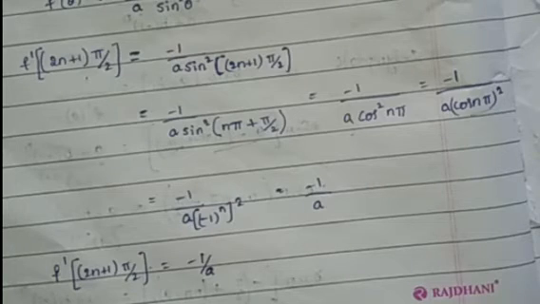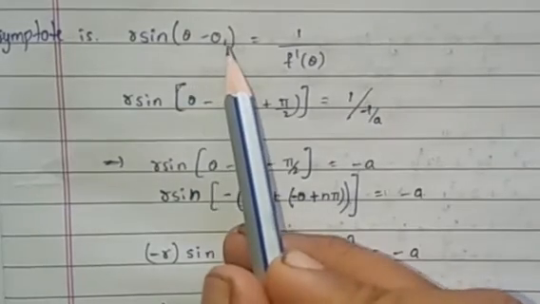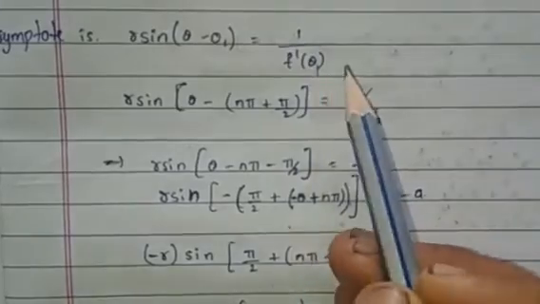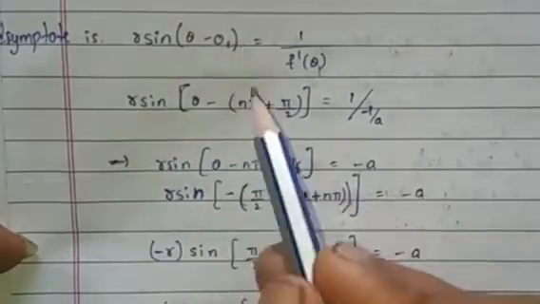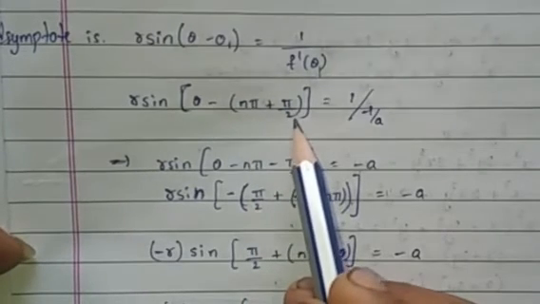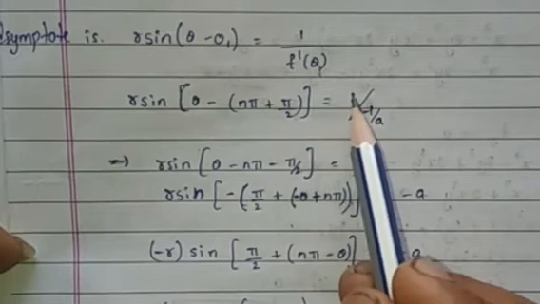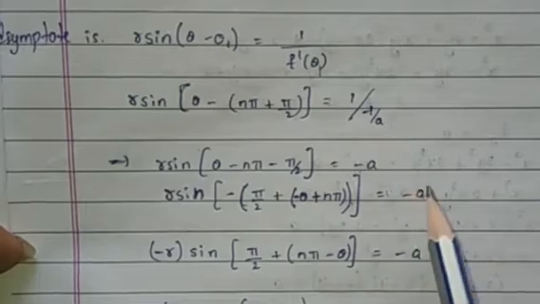Okay, what is the asymptote? The asymptote is r sin of theta minus theta 1, which is equal to 1 by f dash of theta 1. This implies r sin of theta minus theta 1, where theta 1 is n pi plus pi by 2 or 2n plus 1 pi by 2, you can write either. Which is equal to 1 by f dash of theta 1, which is minus 1 by a.